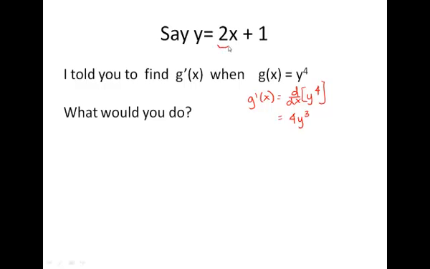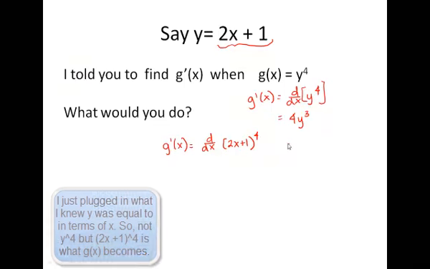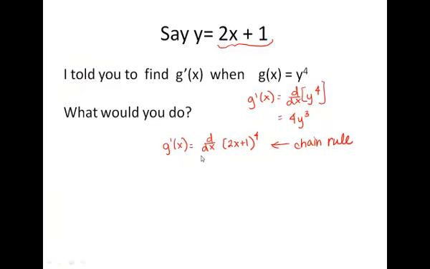So let's say that we do know that y is equal to this. What we would have is g prime of x is equal to the derivative, and then I'm going to plug in this 2x plus 1 to the 4th. So now what I hope you can see here is I need the chain rule. So the chain rule is needed.